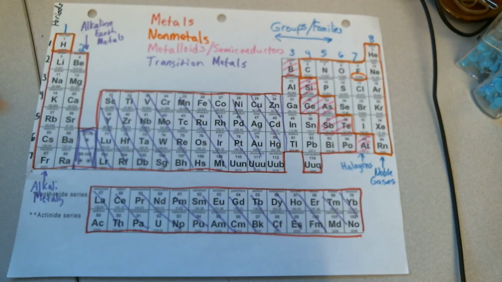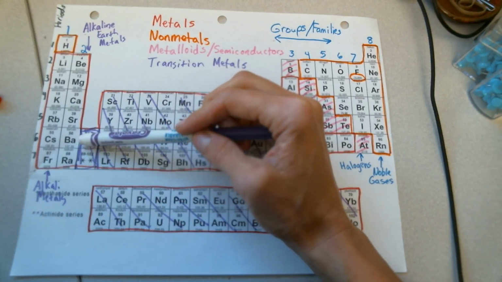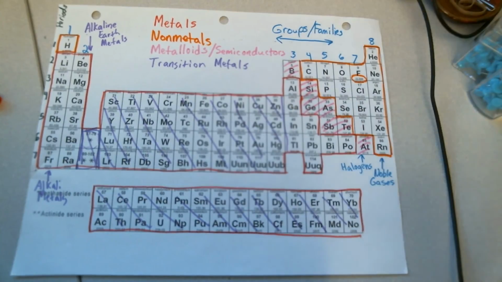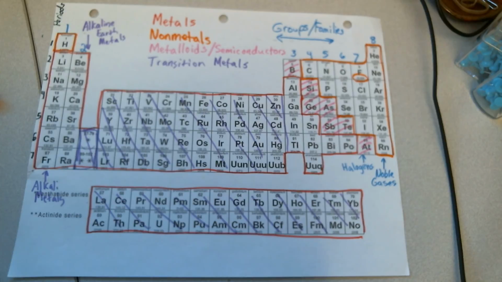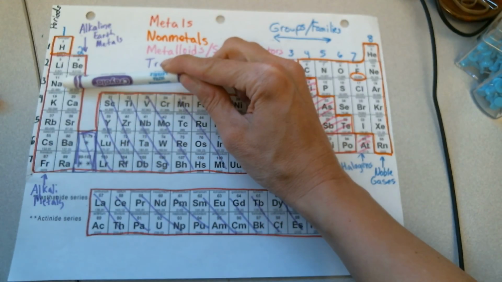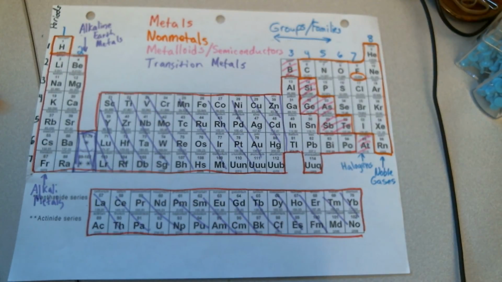Next, let's look at barium, Ba. Okay, Ba is an alkaline earth metal. And lastly, let's look at sodium, Na. Yes, sodium is an alkali metal. Okay, this concludes the first video about the periodic table.